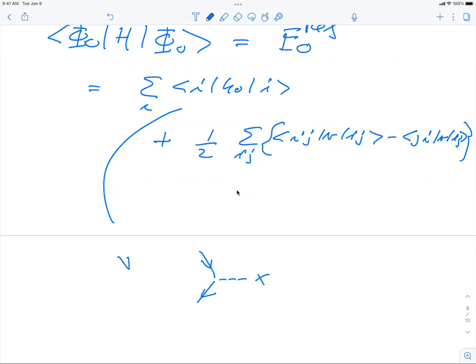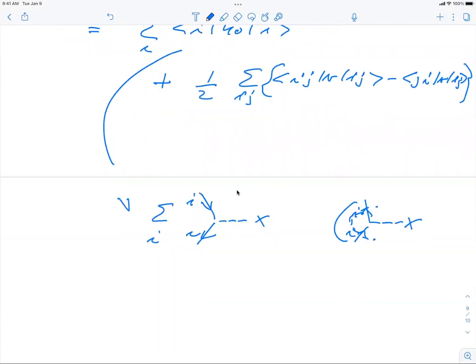Just think of flipping these states up and down, and then it becomes equal to that diagram. It takes some time to adjust to it. So we have a sum over I, which, since we have defined the sum as a closed loop, would simply be given by a diagrammatic representation like this.